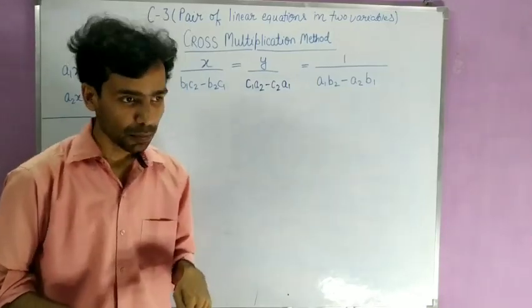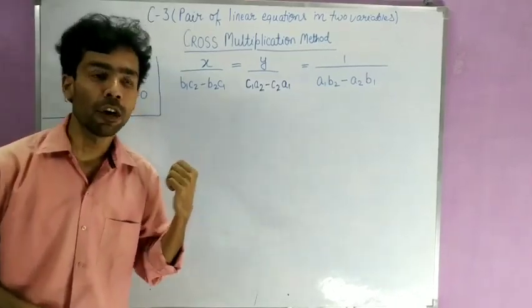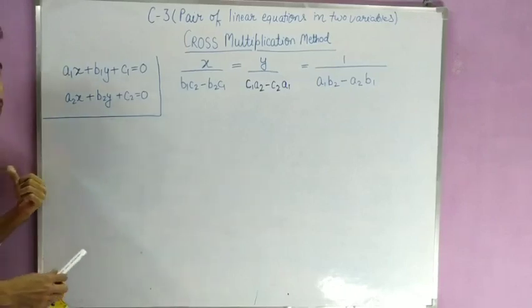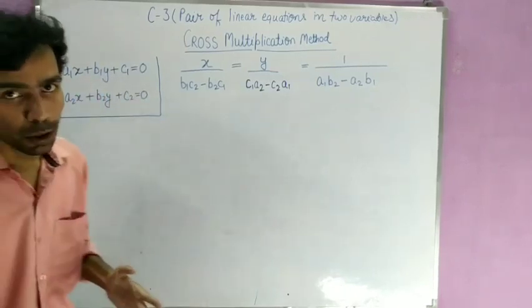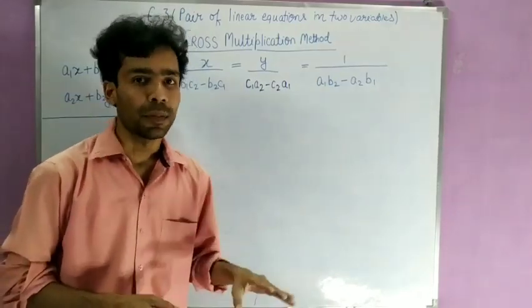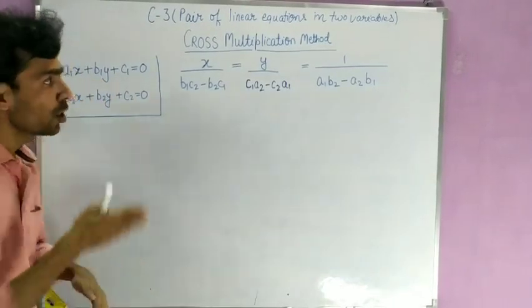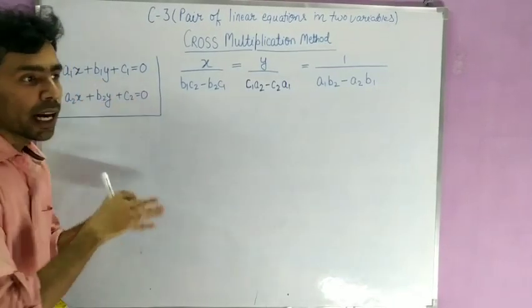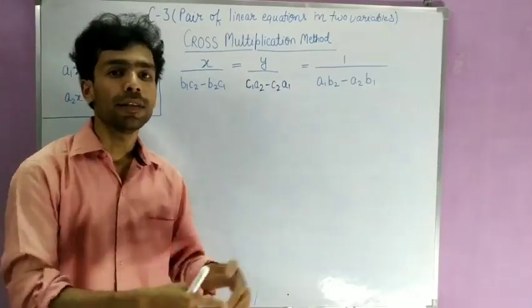After that, by comparing the given equation with the general form, you can find the value of a1 a2, b1 b2 and c1 c2, like we have done for consistent and inconsistent.